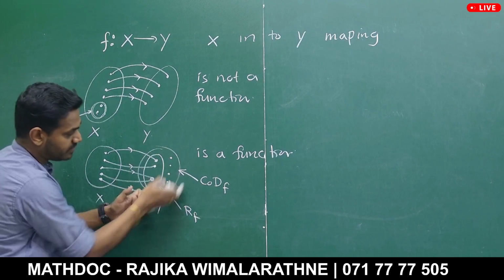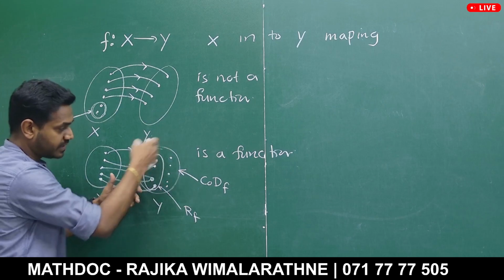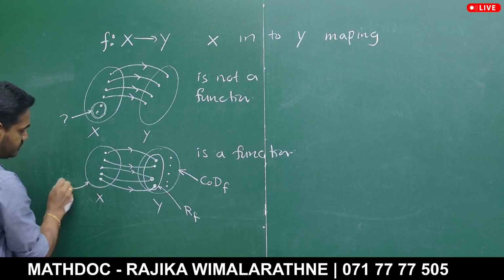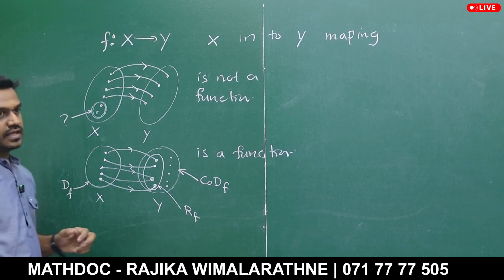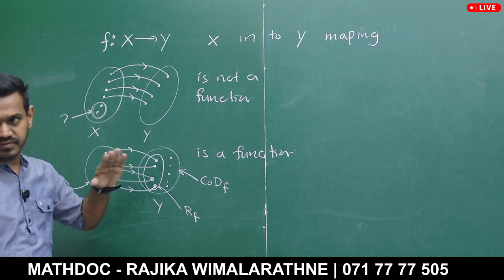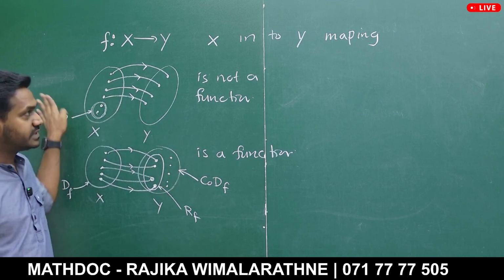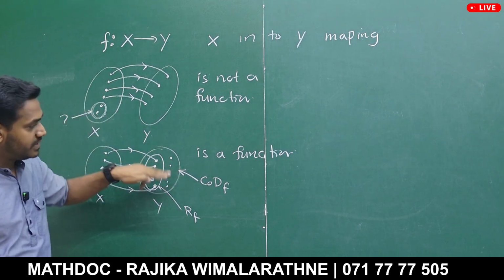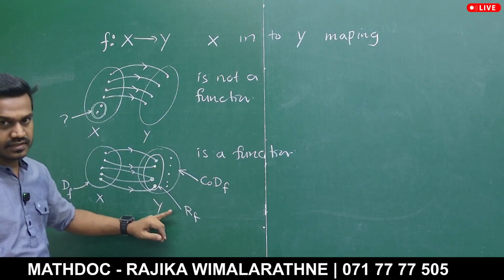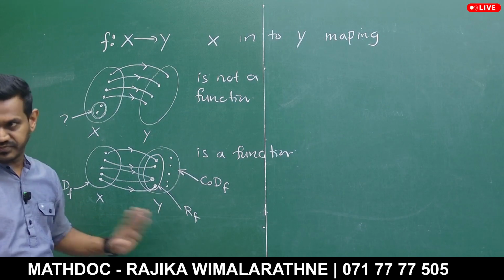Then there can be some extra values in the output pool, and that we say is the codomain. Here this one is the domain. Then if we have some extra values in the domain, that is a problem. Then you don't say that is a function, but there can be some extra values in the output pool, okay? Then no issue, that is a function, no effect.